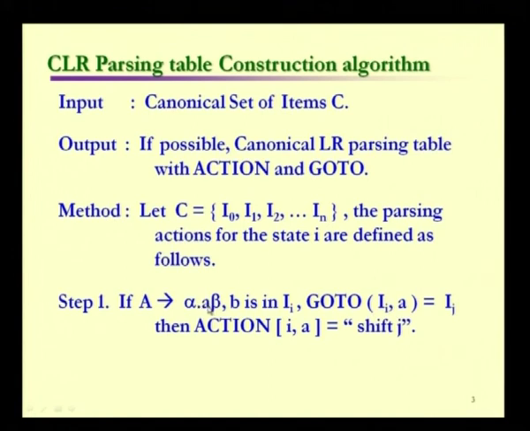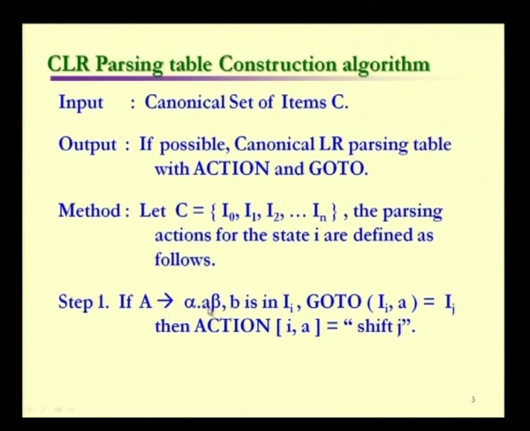Whenever we find an item of this form, which is an LR(1) item with a terminal immediately following the dot, it triggers a shift action. That means this a is to be shifted onto the stack for further processing.